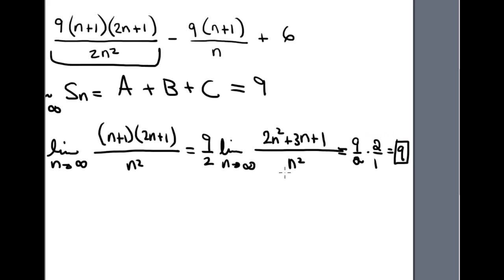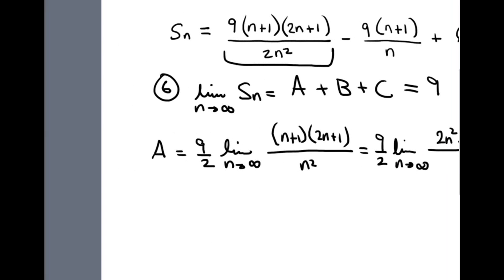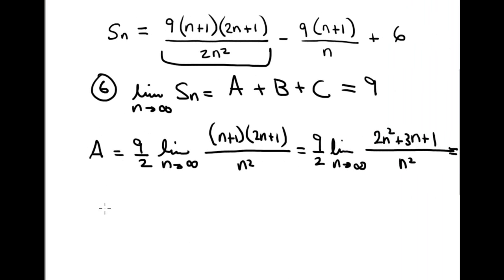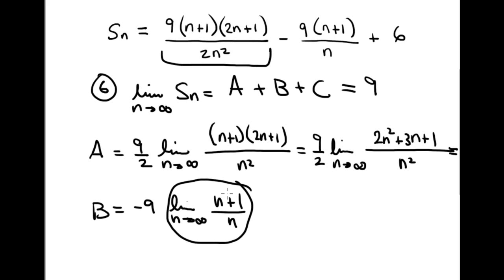Now let's see B. B is negative 9 times the limit when n approaches infinity of n plus 1 over n, and because this limit is 1, the answer is negative 9. So we have positive 9 and negative 9.